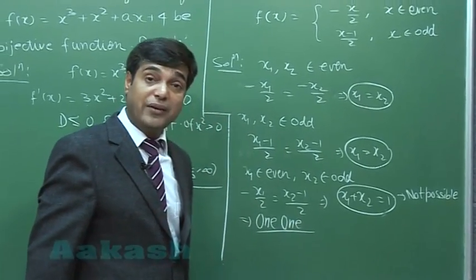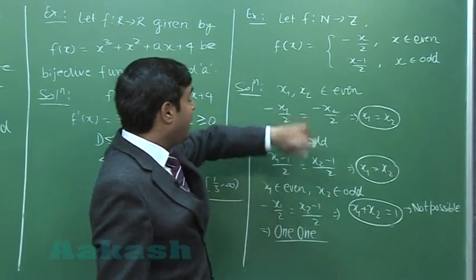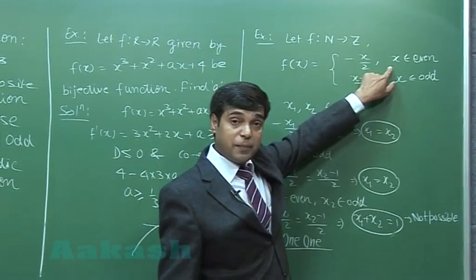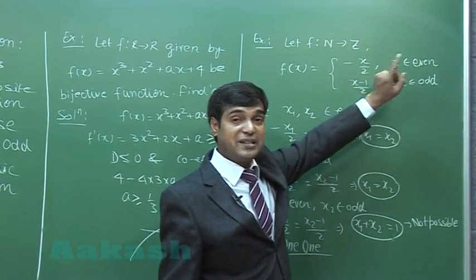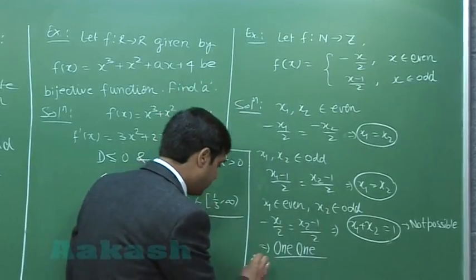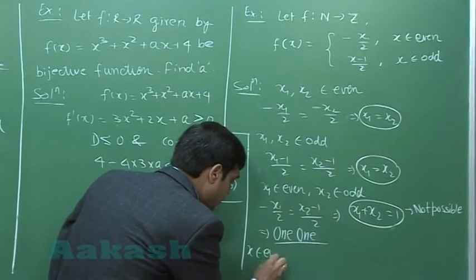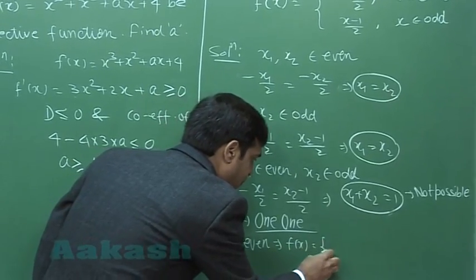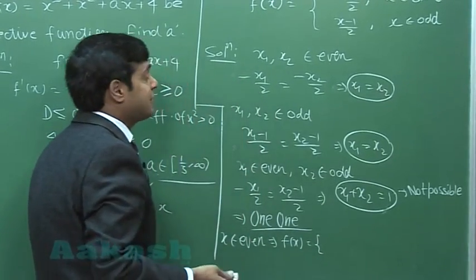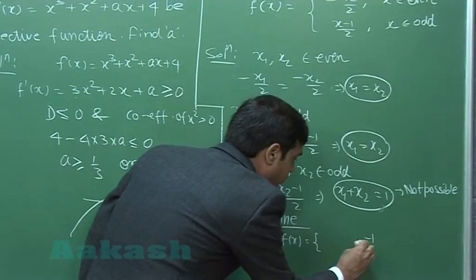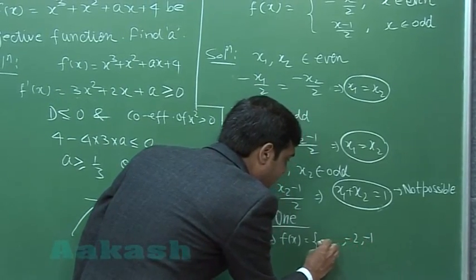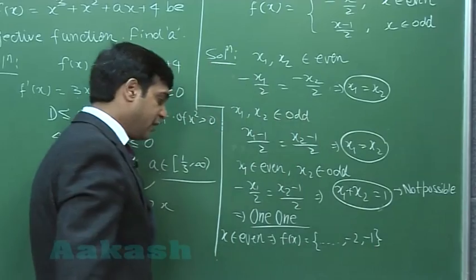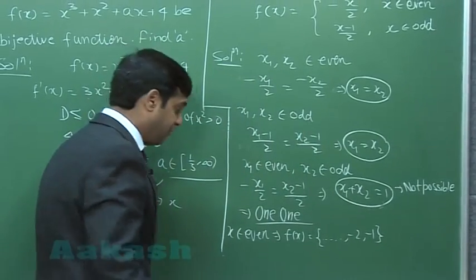Now let's talk about the range of this function. When x is even, on substituting values 2, 4, 6, 8, we find when x is 2, we get minus 1, for 4 we get minus 2, etc. So negative integers are obtained when x is even.